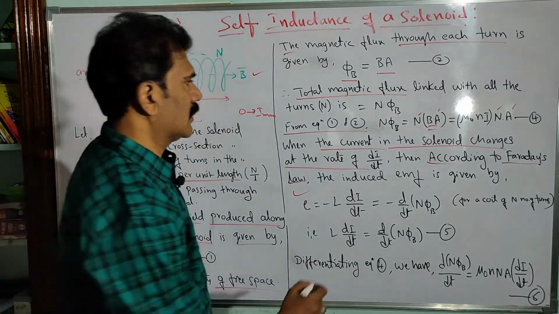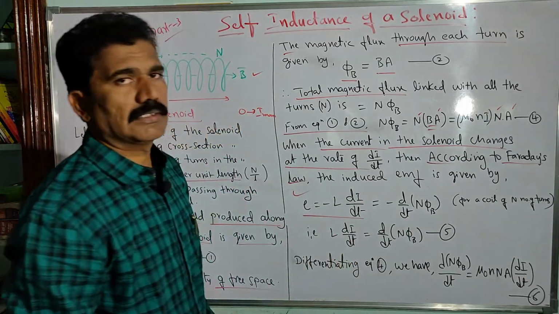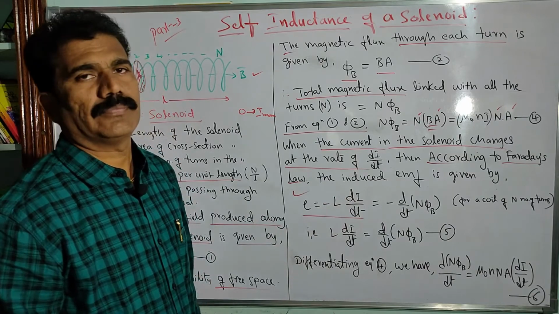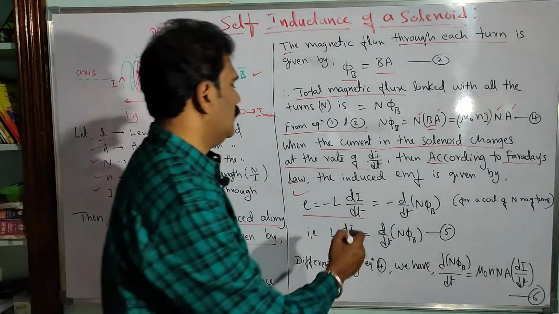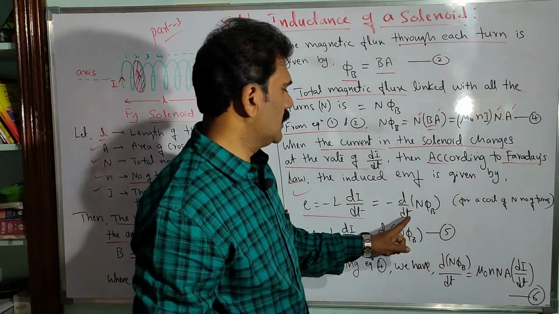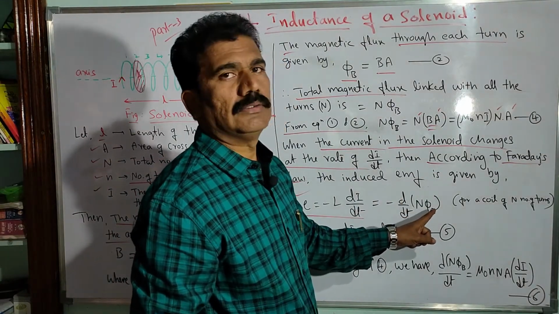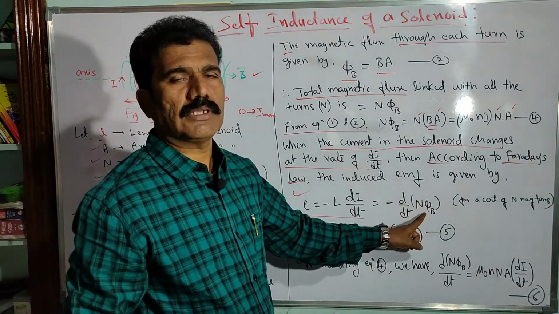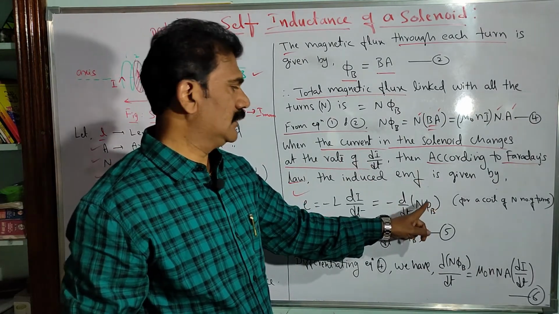The basic equation according to Faraday's law to calculate the induced EMF is e is equal to minus L into di by dt. Clear? And for N number of turns in a solenoid you can write the same equation as minus d by dt into N phi B. So we can say the induced EMF also depends upon the total number of turns and the magnetic flux linked with each turn.